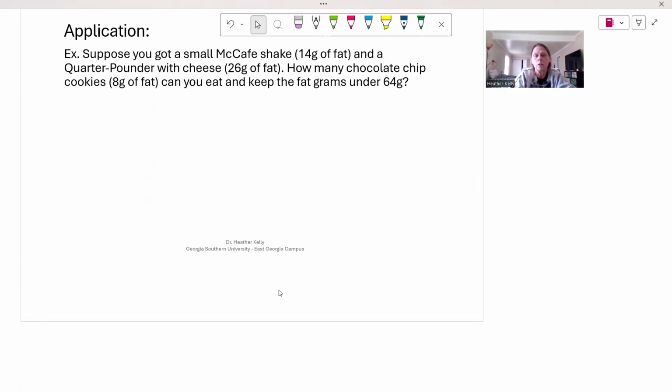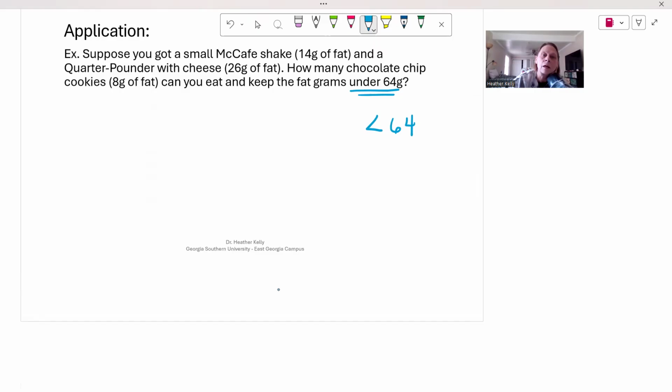Okay, so how are we going to do that? This is definitely an inequality because it says under 64 grams. So we know all of that has to be less than 64 grams, not less than or equal to, but less than 64 grams.